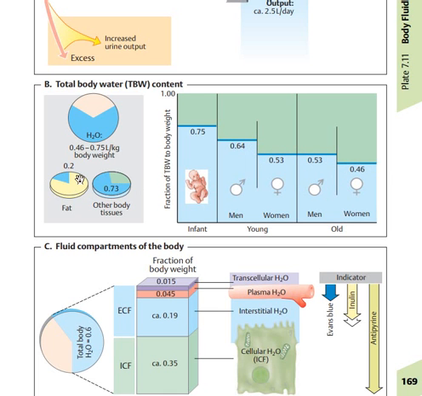Now you need to know that the tissues of the body are divided into two main parts. We have fat and we have other tissues like proteins. In the total body, you have 60% water in a normal person. 60% of water makes up the total human body.